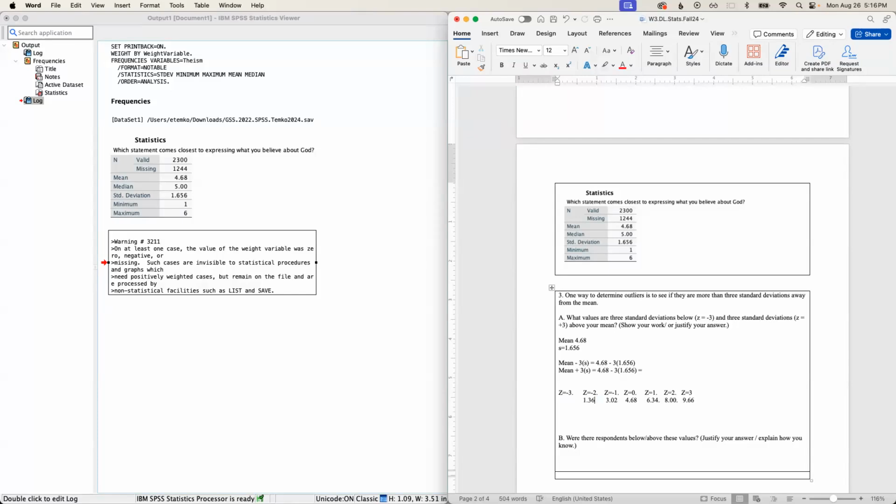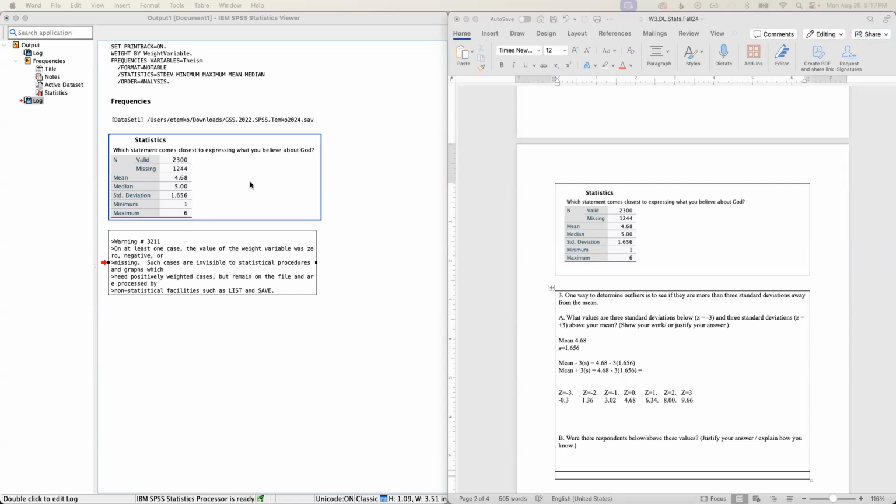And to get one more below, I'll do 1.36 minus 1.66. I get negative 0.3. And let's just check my work with that math calculation as well. 4.68 minus 3 times 1.656 is negative 0.288. Yeah.